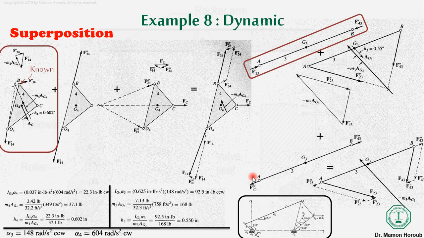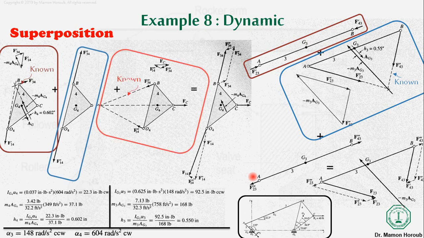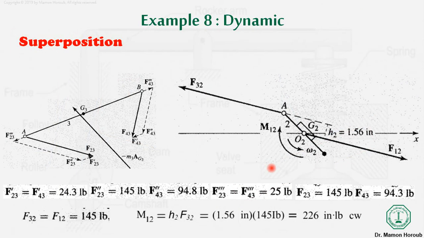We can see the line of action of F23. F23 is in this direction, so F32 will be in the opposite direction. This is the direction of F32, starting from point A.